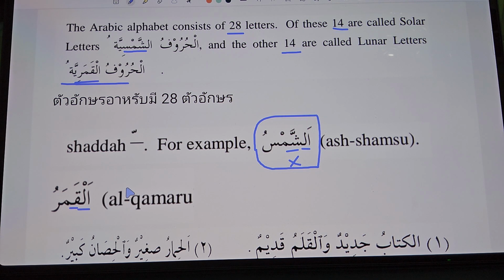We cannot. We have to read Al-Qamaru, so on the lam there is a sukun. But with some specific letters, you just jump over the lam and pronounce Ashamsu.